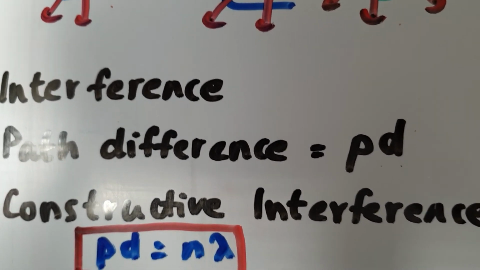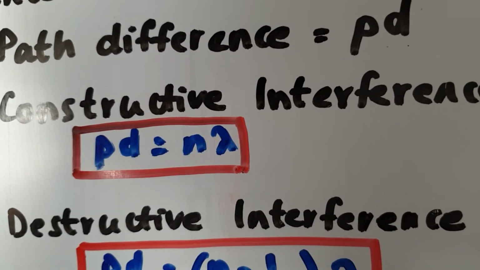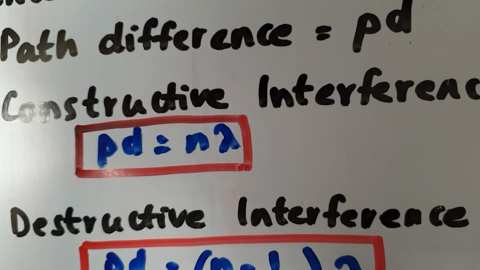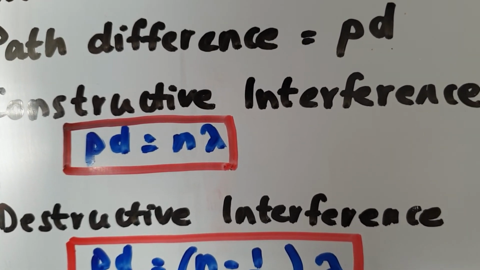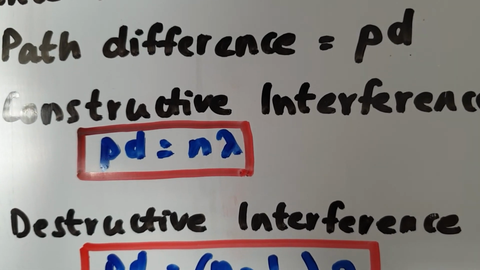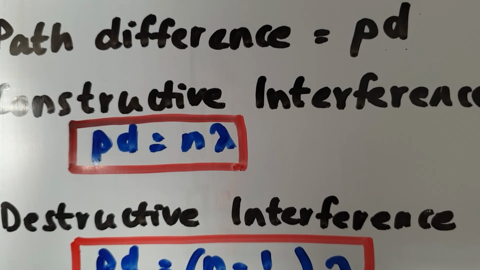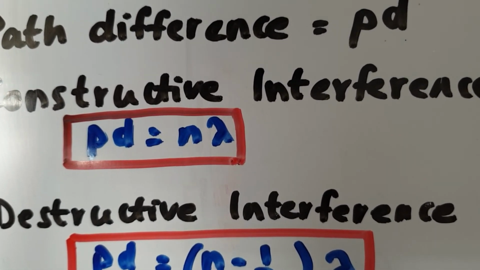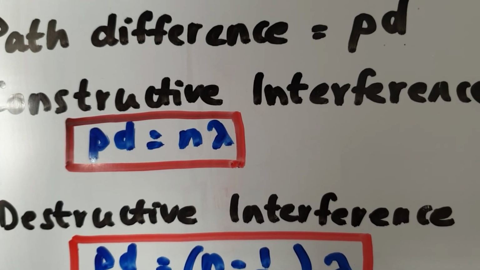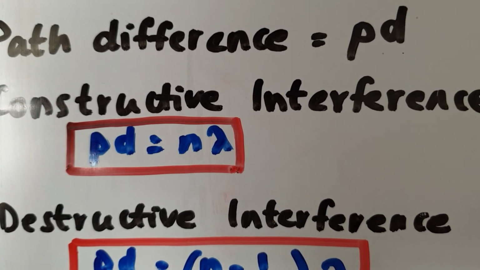Then the next one is destructive interference. Destructive interference is when the waves have a cancelling effect. And when do waves have a cancelling effect? This happens when a crest combines with a trough. You get areas of calm if it's water, and if it is sound, it'll be areas of quiet, and if it's light, you will have dark regions.